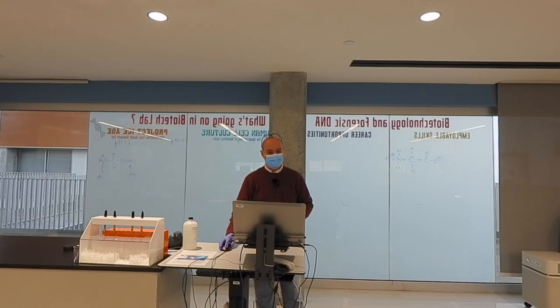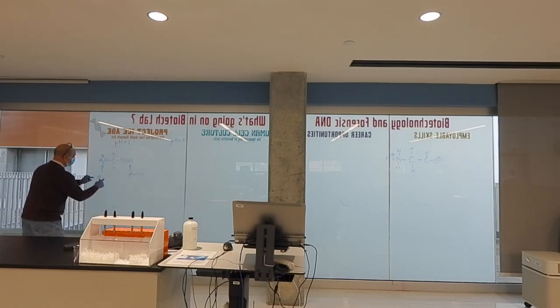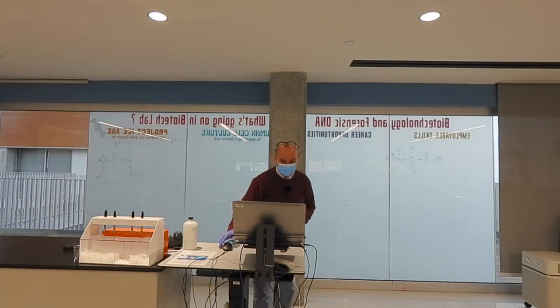Okay, glycine. I have it as 2.35 for this. And for this, I have it on this table, from Vanderbilt University, as 9.78.